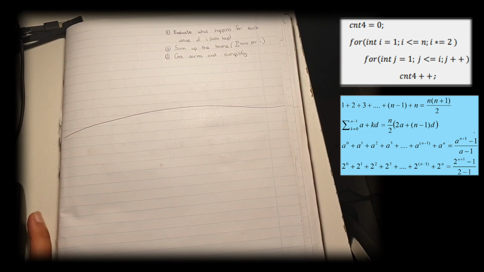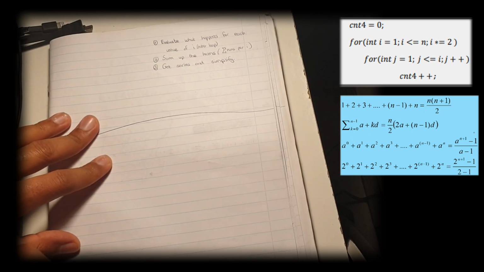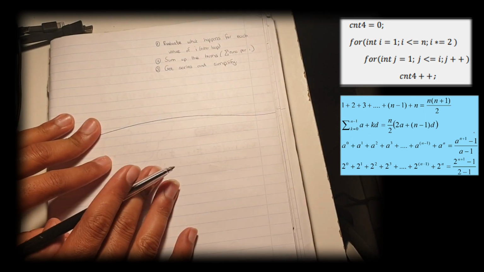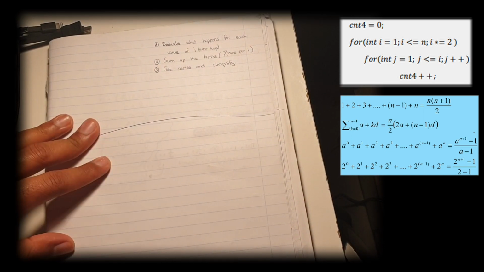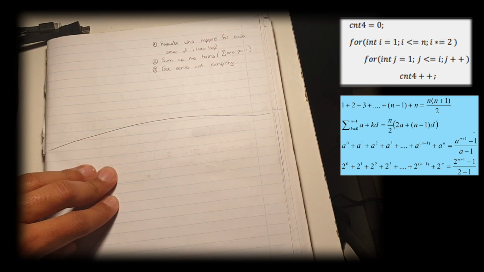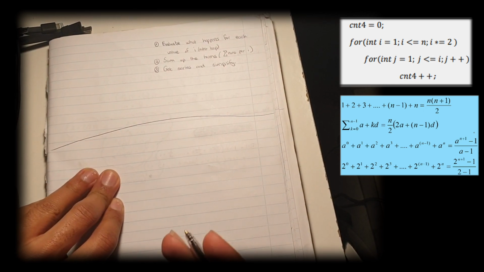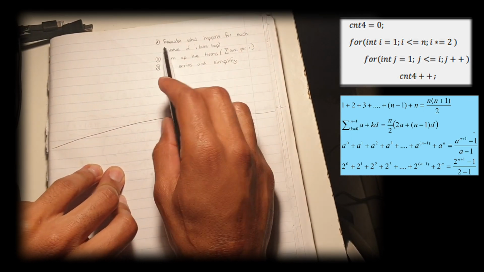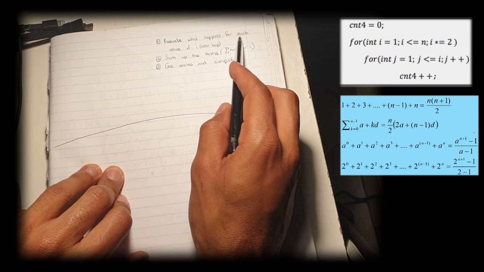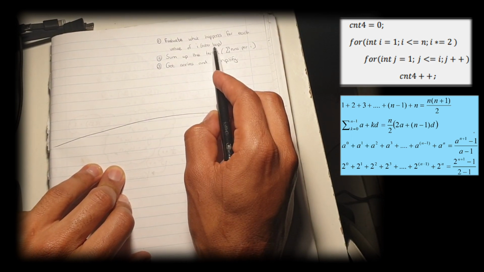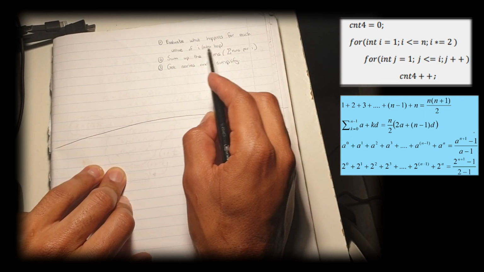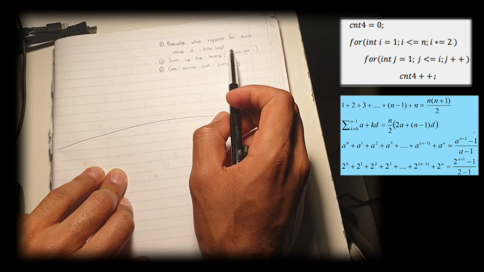Right? So I've deduced 3 simple steps that you can follow. These are the big picture steps that you need to take to solve any problem relating to time complexity, right? So first, you need to evaluate what happens for each value of I. So I is assumed to be your outermost loop, right?